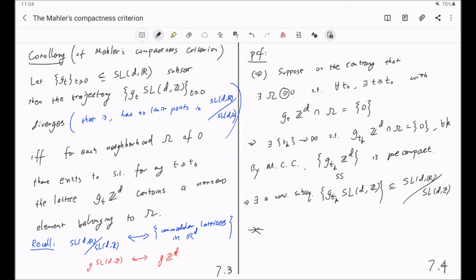So this is a contradiction to that this trajectory has no limit point in this quotient. So we completed half of the proof.